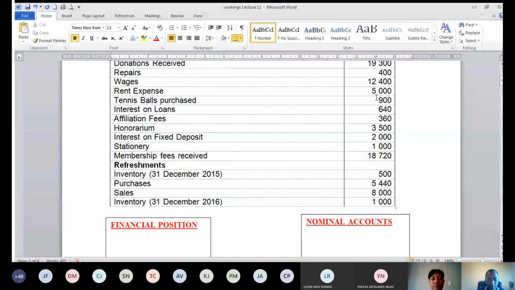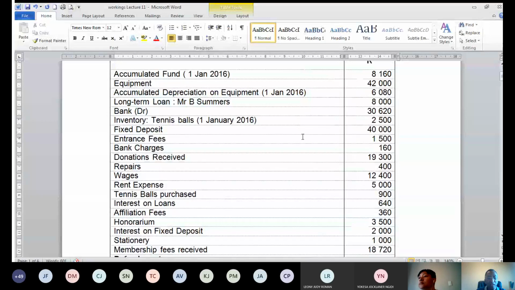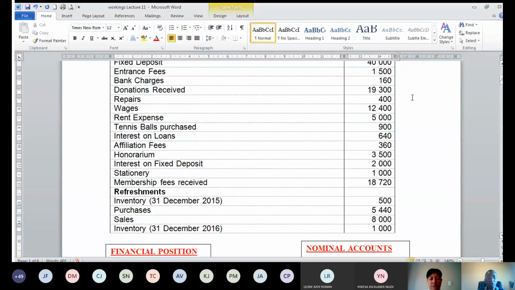Now the tennis balls that we purchased is an amount of 900 Rand. But just further up there, guys, they will tell you that you started the year with tennis balls of 2,500 Rand. So if you want to calculate what is your tennis balls expense, then you will say you started the year with tennis balls of 2,500. On that, you then purchased another 900 Rand.